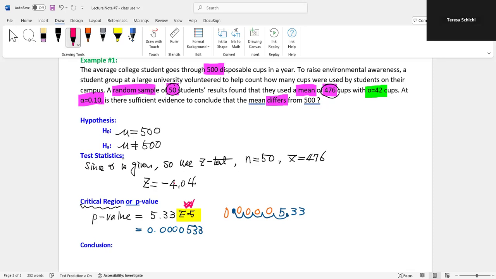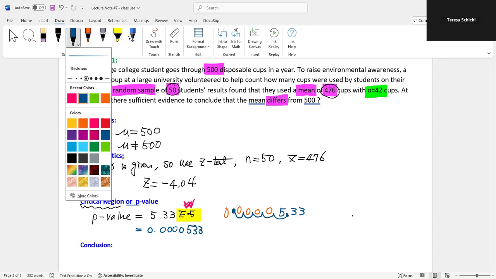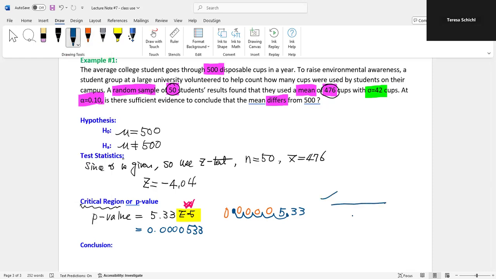All right, a while ago we also found the critical value. Let's take a look at what that critical value means, because this is a two-tail test, right? So like we said, my critical value is 1.645.